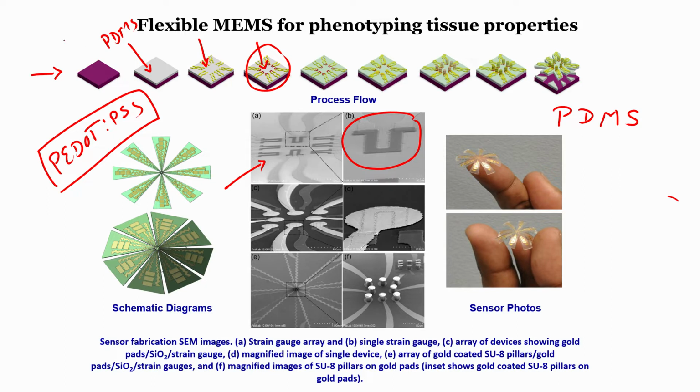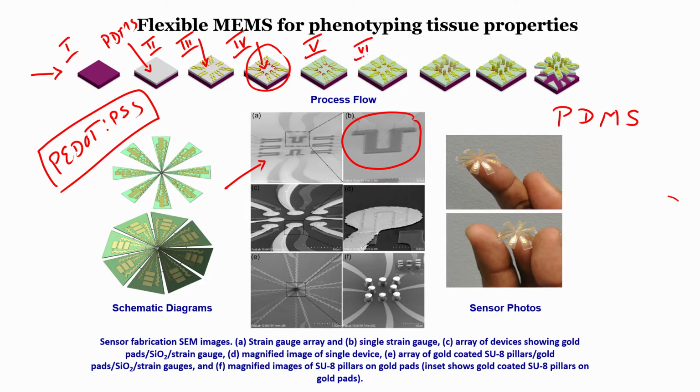So, if I say the first step is silicon, then second step is PDMS spin coating, third step is chrome gold deposition and lithography to form pattern, fourth step is to deposit or spin coat PEDOT:PSS and pattern it to form piezoresistors. Fifth step is to grow or deposit silicon dioxide on the sensor.